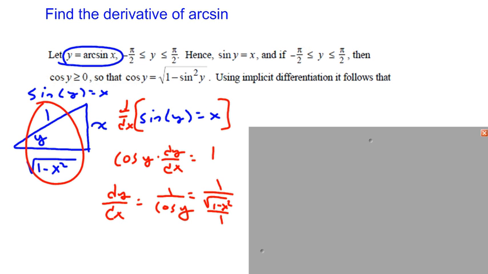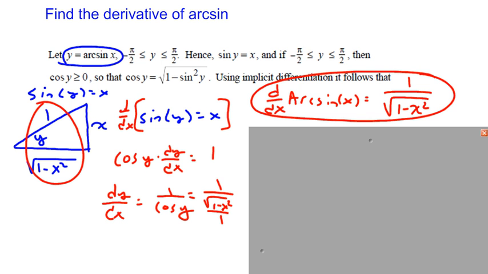And therefore, we just developed the derivative of arc sine of x. The derivative of arc sine of x equals 1 over the square root of 1 minus x squared. And we use our understanding of right angle trigonometry to develop that.